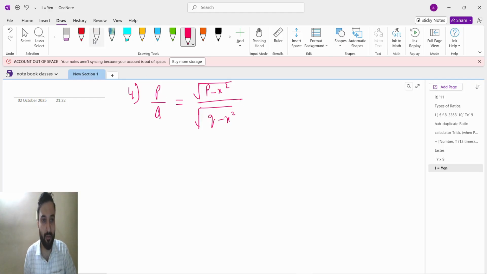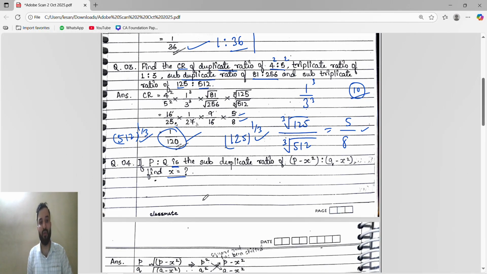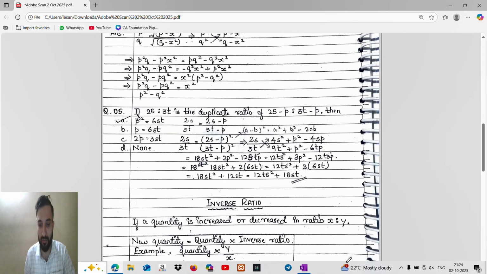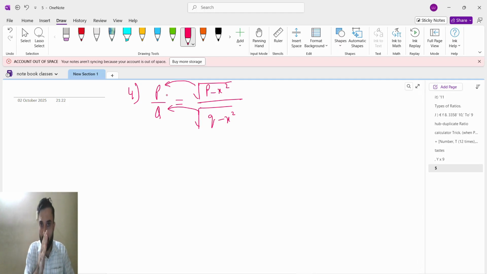We have to find x. First of all, we have to remove this square root. How will we remove the square root? When we send the square root to the other side, it will become square. If this side is square, when you send the square to the other side, it will become square root.